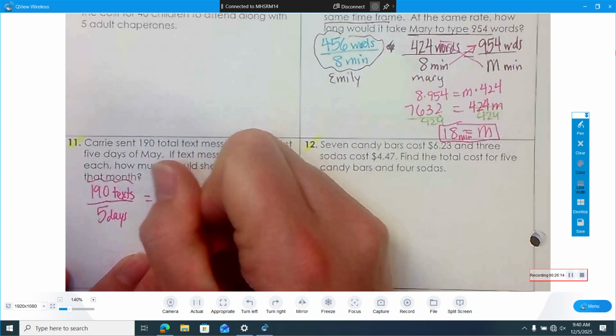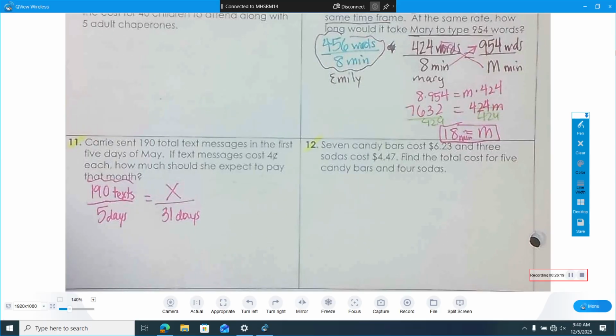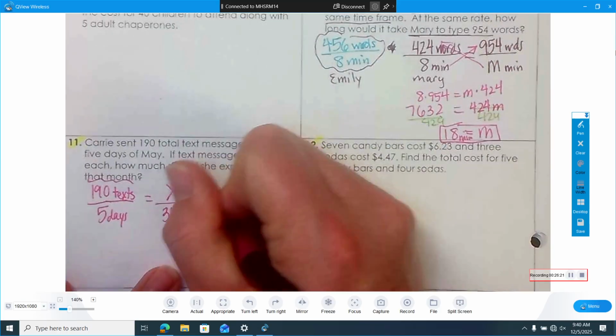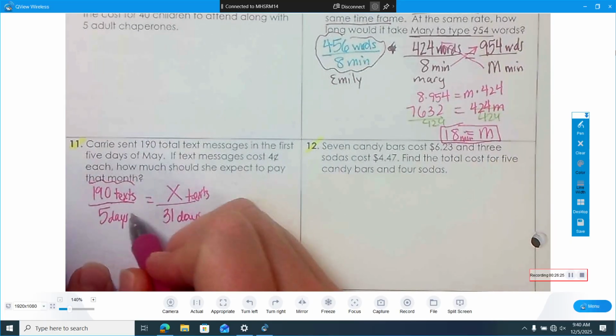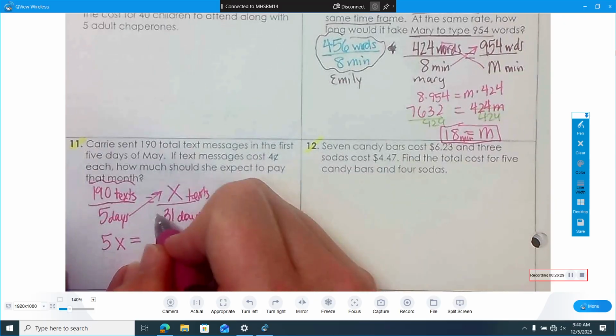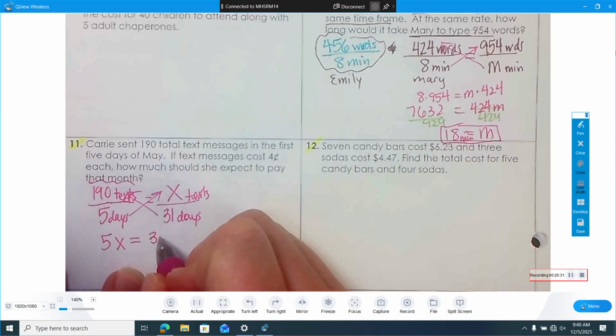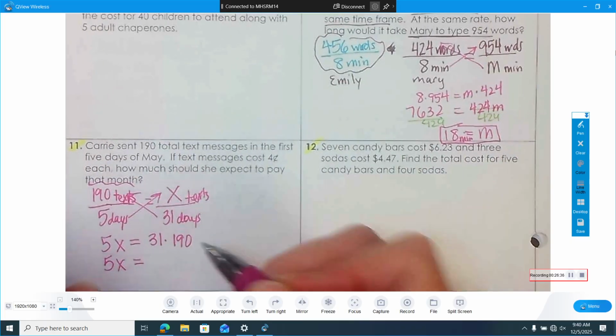So we need to figure out how many texts she's going to send in May. So X texts. All right, I'm going to go ahead and cross multiply here. We have 5 times X equals 31 times 190. That'll give us how many texts.